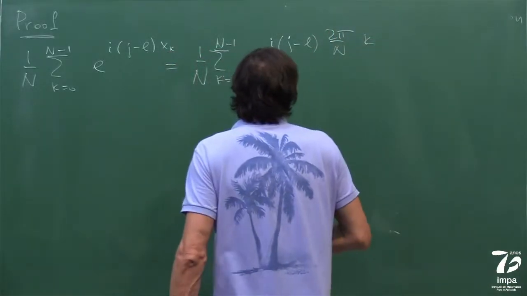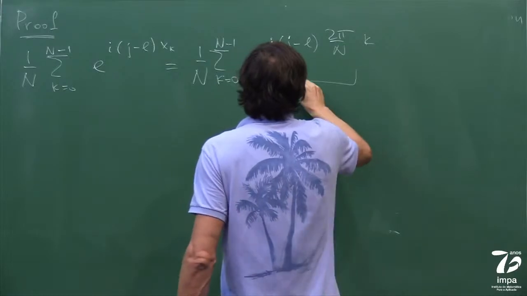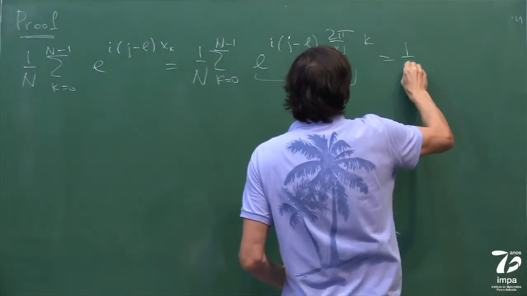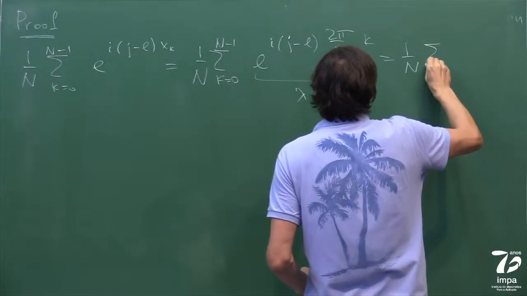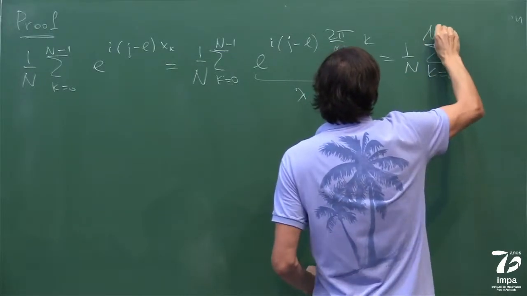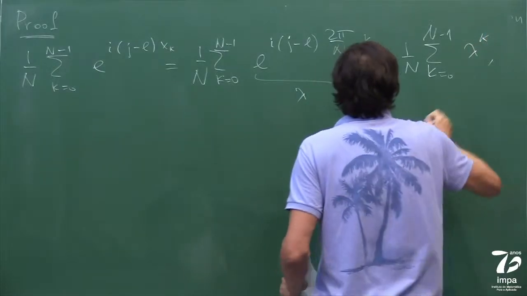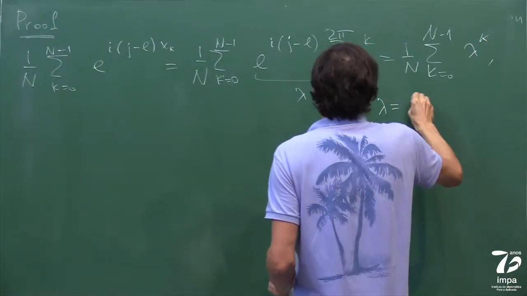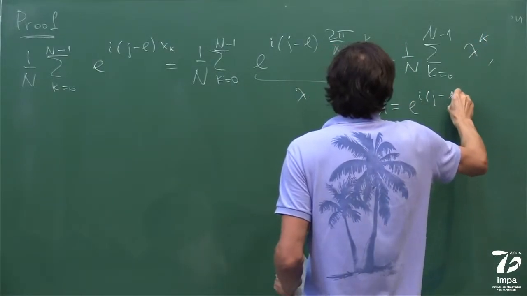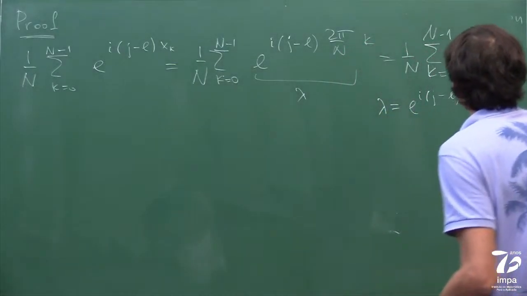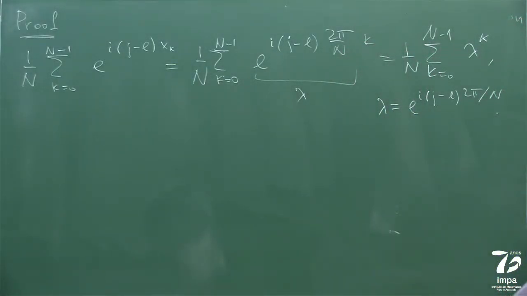Okay, so now we call all this lambda. And this becomes 1 over n, sum over k from 0 to n minus 1 of lambda to the k, where lambda is e^{i(j-l)2pi/n}.